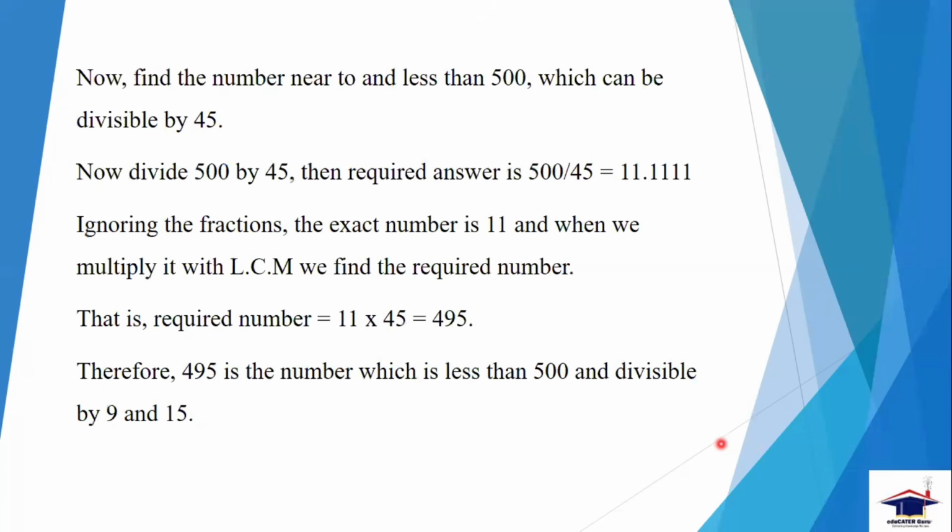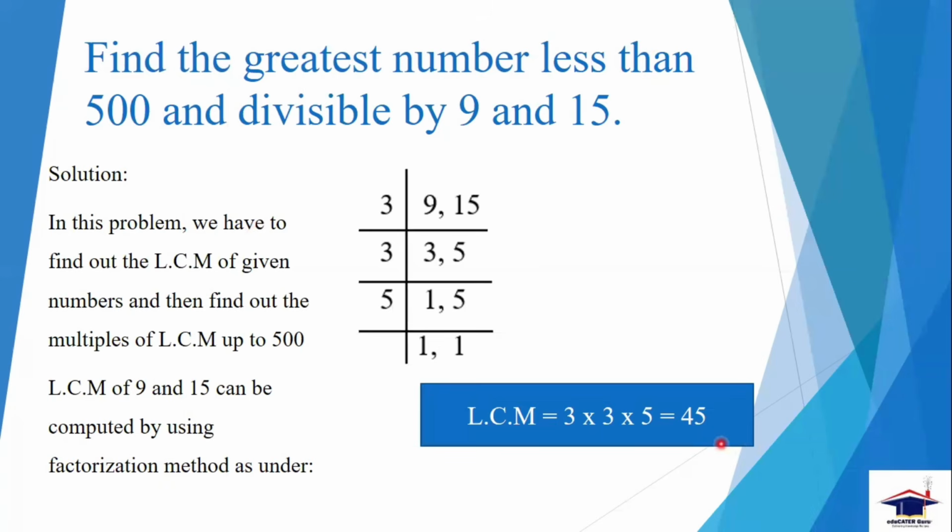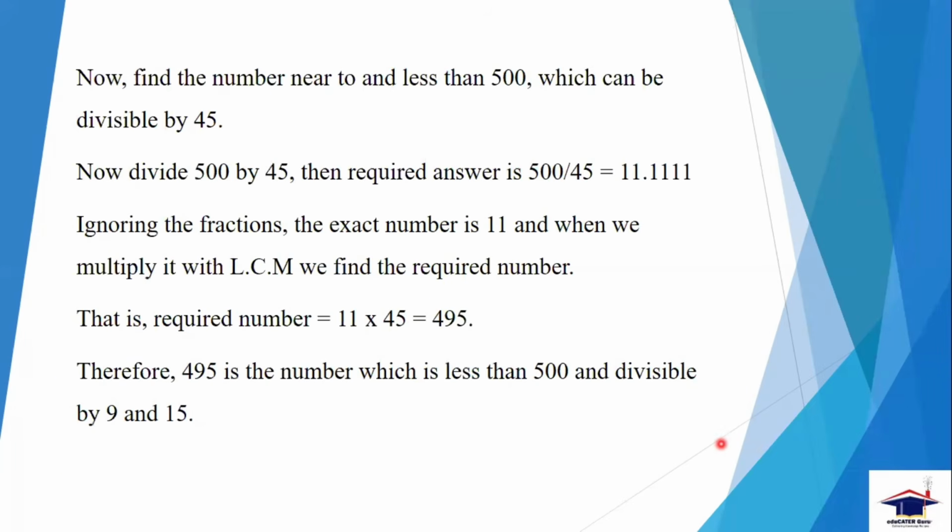Next, now we have to find a number which is divisible by the LCM, which is 45, and also less than 500. So what you have to do here to find the answer, you have to divide 500 by 45, which becomes 11.1111. So removing the fractions, the exact number which we can consider is 11.